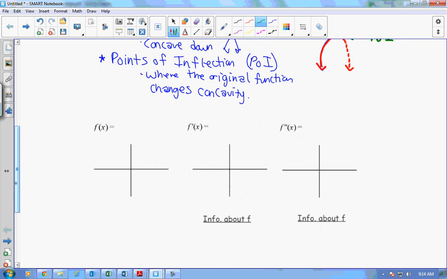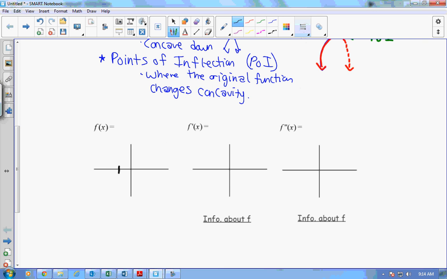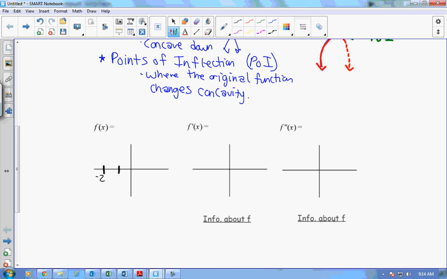Okay, so if I give you a function, f of x, that looks like this. Let's see, we have -2 right there, and this goes out to 6. 1, 2, 3, 4, 5, 6.